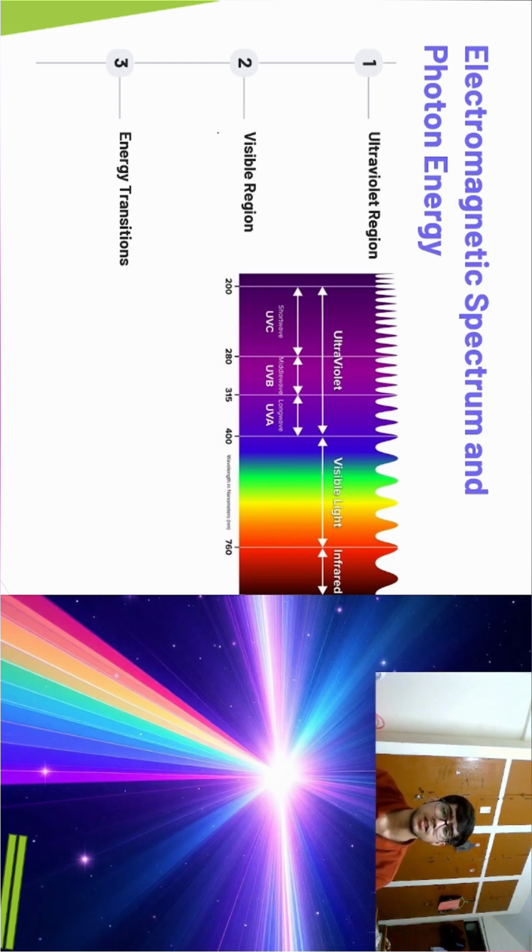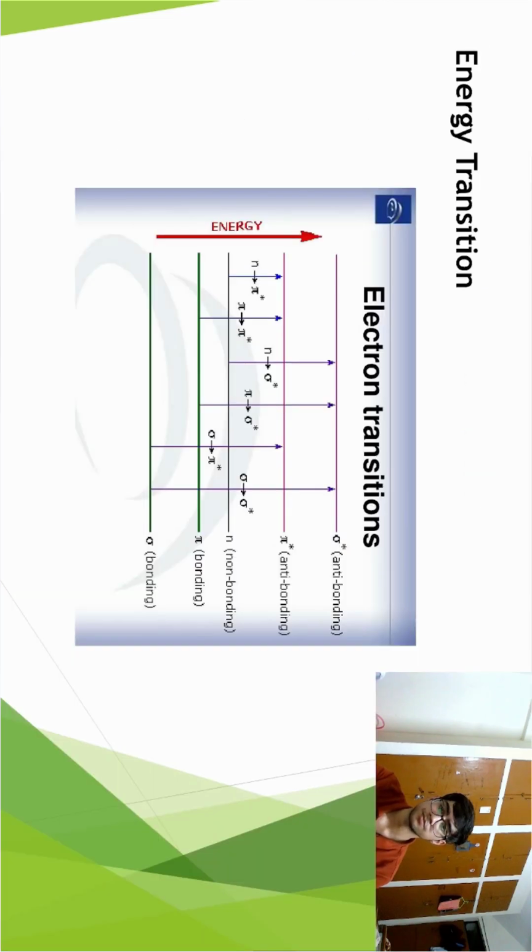The visible region encompasses the wavelengths that are perceived by the human eye, allowing for the observations of color changes and fluorescence phenomena. From the given figure, we can say that the region of spectroscopy is around 200 to around 760 nanometer region. So now let's talk about energy transitions.